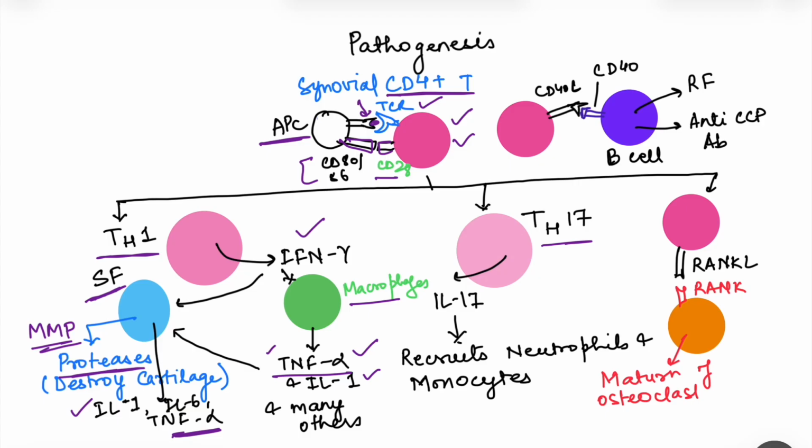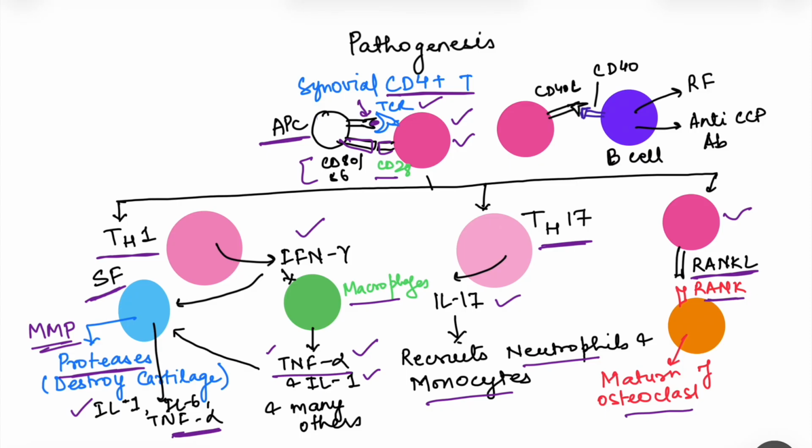Then we have the other type of T helper cell, that is Th17, which releases interleukin 17, and there is recruitment of the neutrophils and monocytes, and there is increase in the inflammation. Then this T helper cell also has RANK L. So this is the ligand for a receptor which is present on osteoclast, that is the RANK.